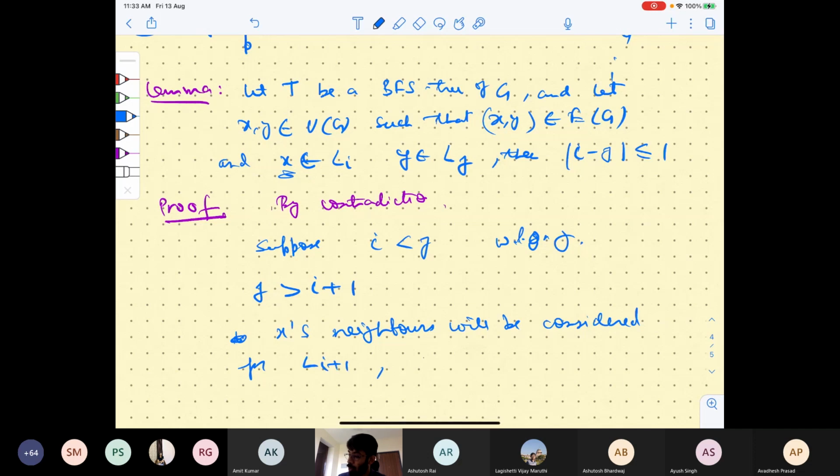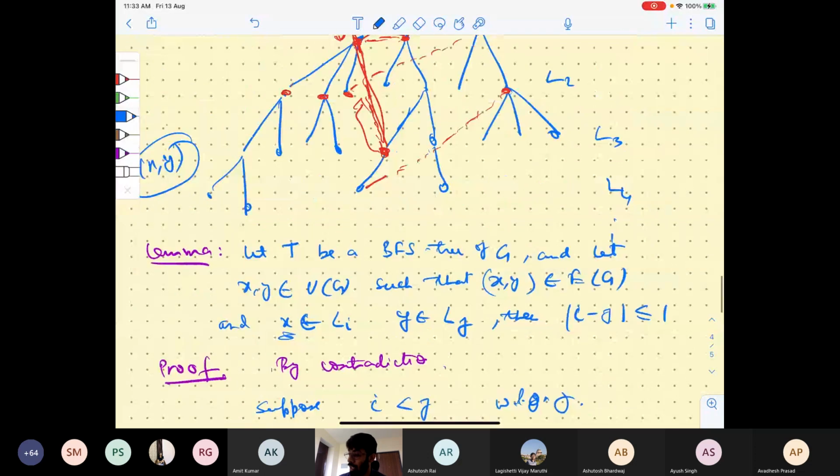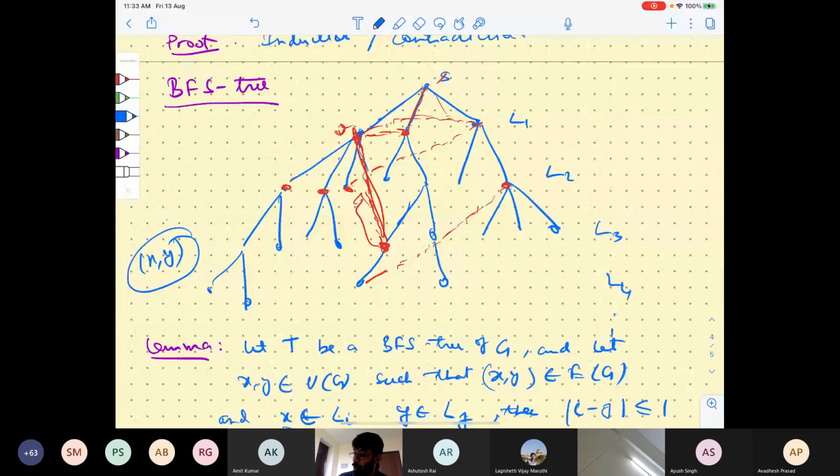And of course since y is not in that, and y is also not in Li, either it will come in Li or Li plus 1. Y belongs to Li or Li plus 1. If y does not occur before, that is a contradiction. So you can fill in the gaps, but this is essentially the proof: if suppose the distance was 2, then you would consider this vertex's neighbors, and then this vertex would come one layer above, right? As some of you mentioned when I asked this question.